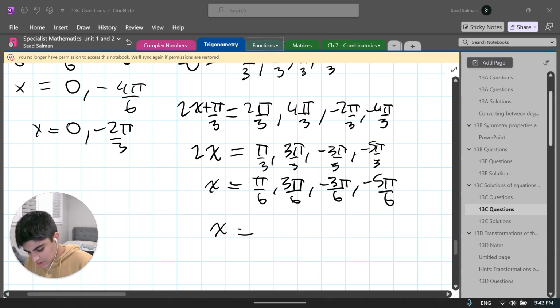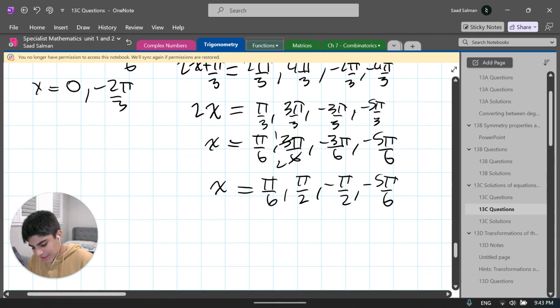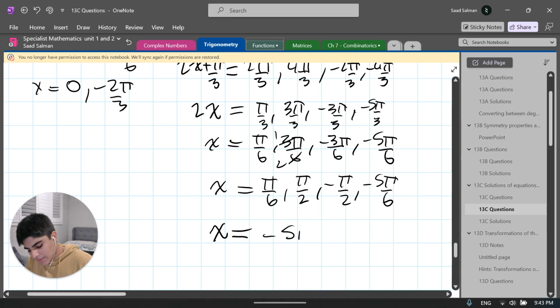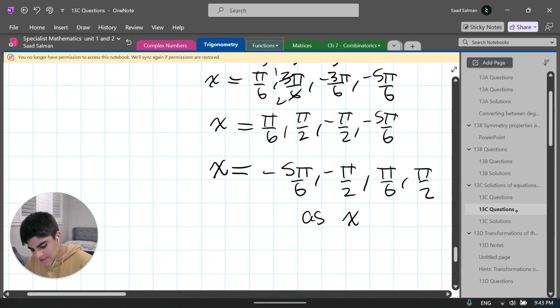Let's simplify these solutions. x equals pi on 6, pi on 2, negative pi on 2, and negative 5 pi on 6. Let me write this in the correct chronological order as we'd like in the exam. x equals negative 5 pi on 6, negative pi on 2, pi on 6, and pi on 2, as x is an element of negative pi and pi.